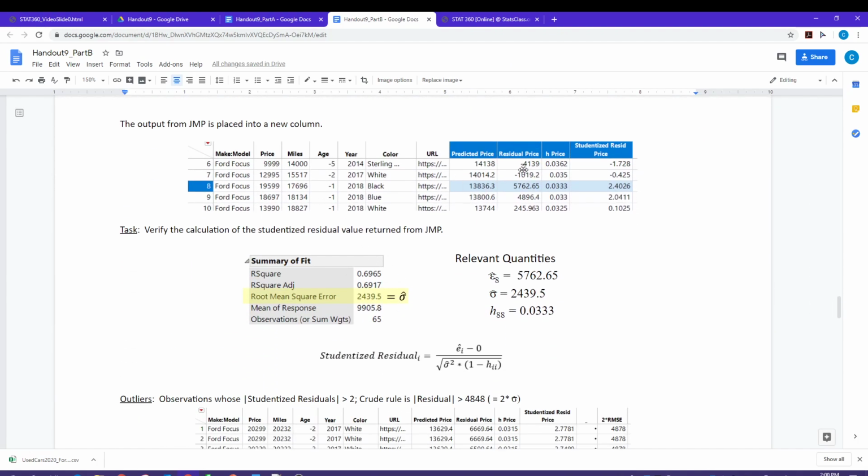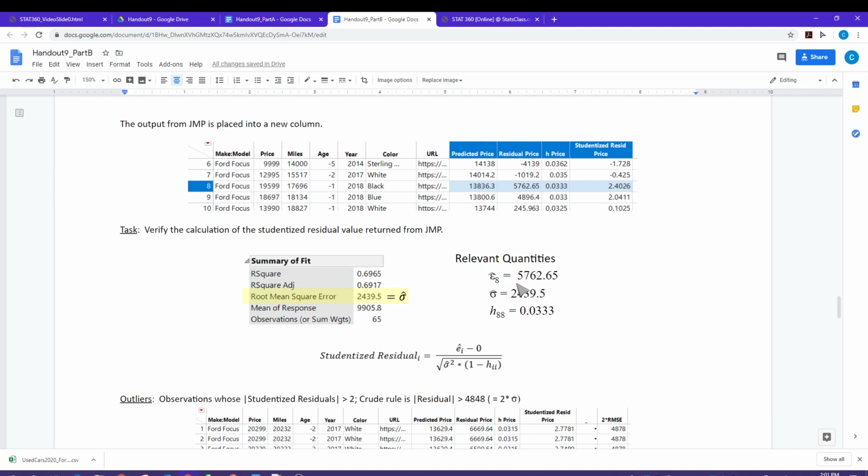So here's an example of the data where I have the predicted values, residuals, the hat values, and the studentized values. You can go ahead and verify this calculation for the 8th observation. This 8th observation is going to have a large studentized residual. It's going to be bigger than 2, we can see.